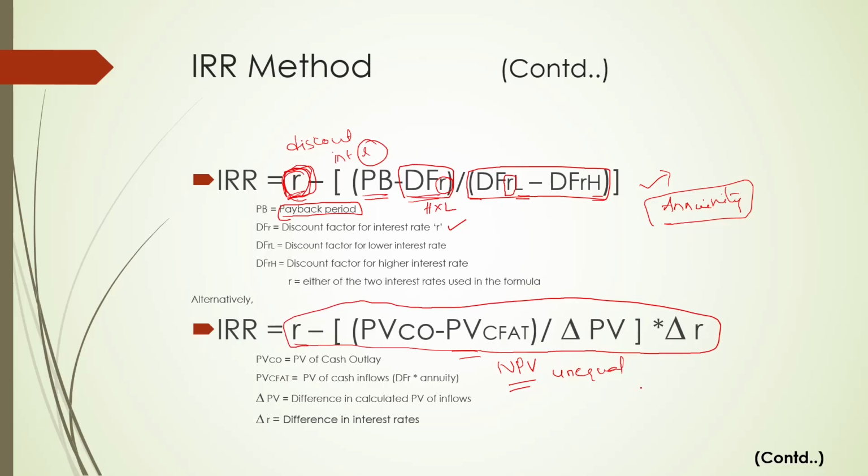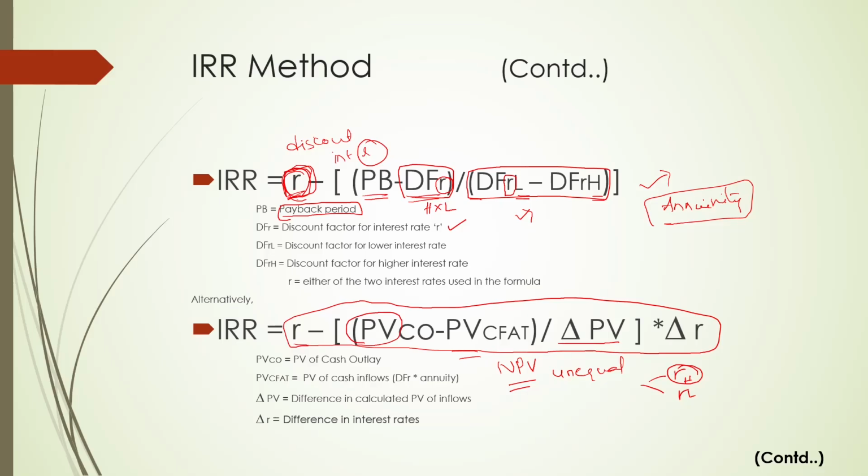Same way again you have the higher interest rate and lower interest rate. So by multiplying this higher interest rate with present value and lower interest rate with present value, then you are taking those differences, same as the above formula, but here we are considering the present value of cash outflows. Now let me explain the procedure.